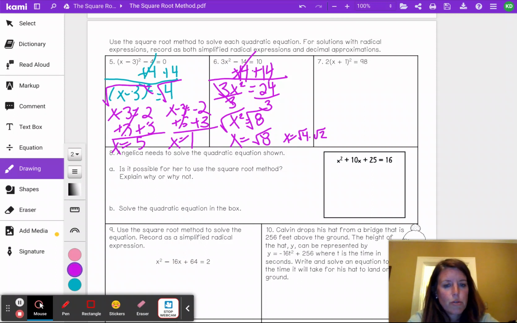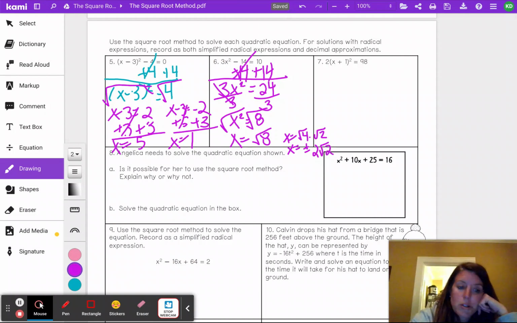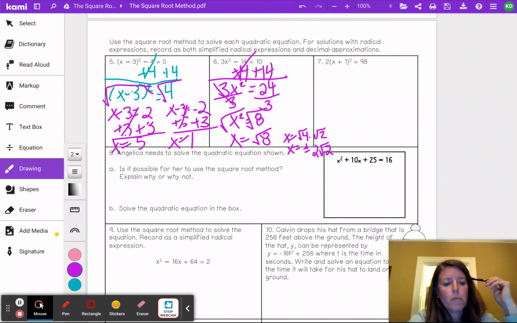Square root of 4 is 2, so x equals plus or minus, because square root of 4 could be a positive 2 or a negative 2, 2 square root of 2. A lot of square roots, a lot of plus or minuses, I know. But hopefully you kind of get where the simplifying expressions came in.